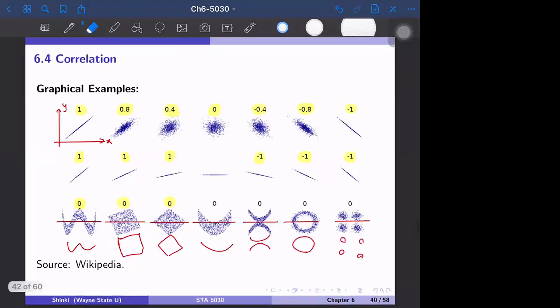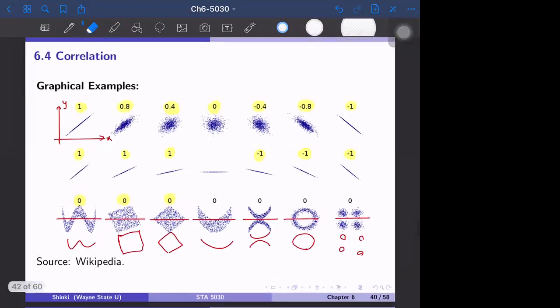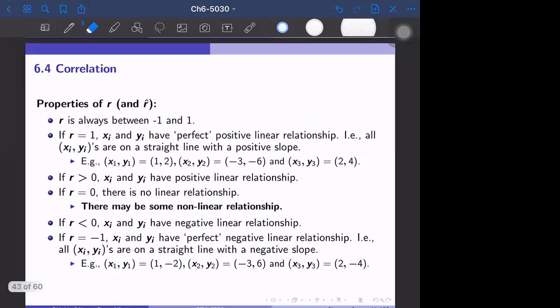And this is the graph again, and some properties. R is always between -1 and +1. Another way to put this is that S sub xy is always less than S sub x times S sub y. This basically comes from the Schwarz inequality.